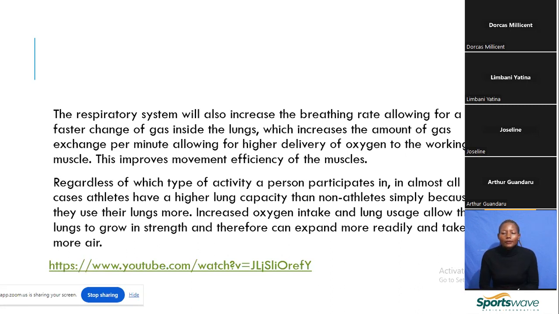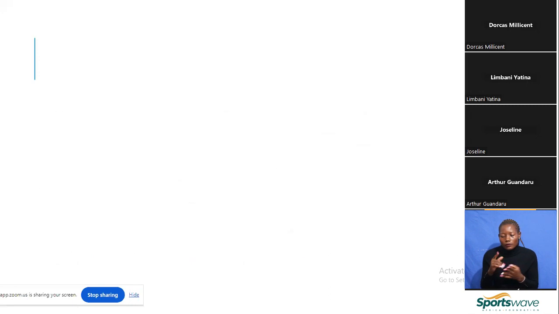Regardless of whatever type of activity, athletes will normally have a higher lung capacity than non-athletes because they use their lungs a bit more. So you will always have an increased oxygen intake, allowing those lungs to grow in strength. And I've also given a link there for further study.